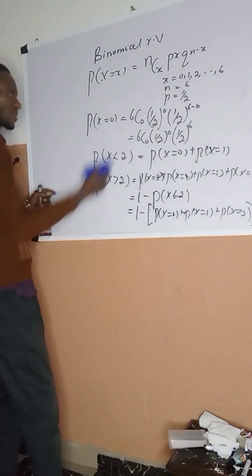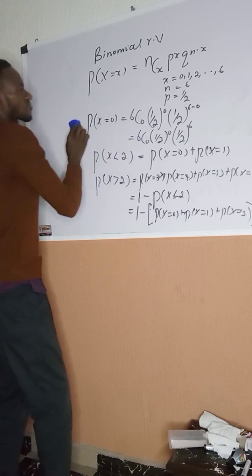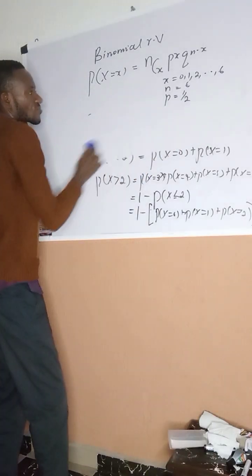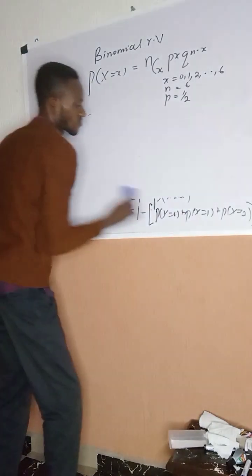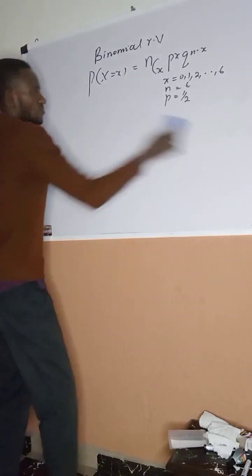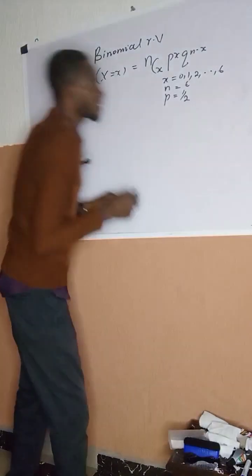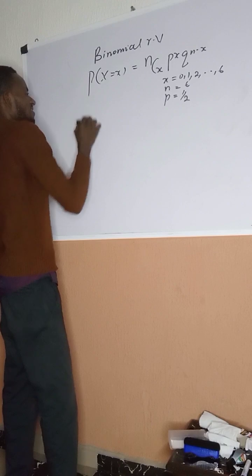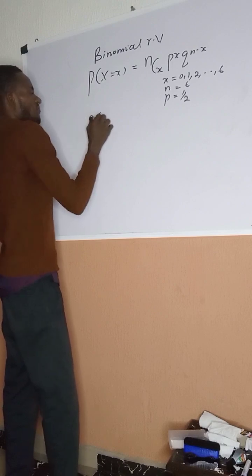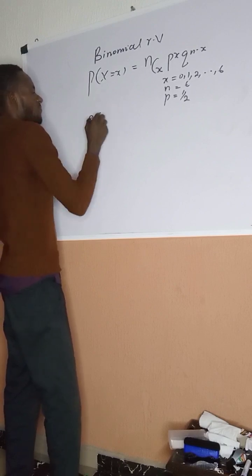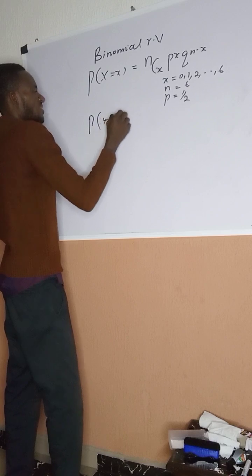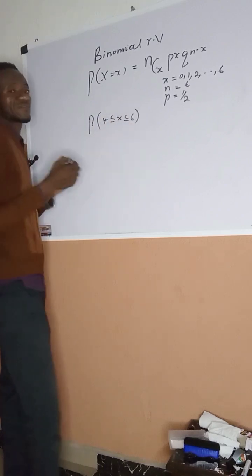Let me clean this one first. What if they ask us a question: the probability that we have 4 less than or equal to x less than or equal to 6.